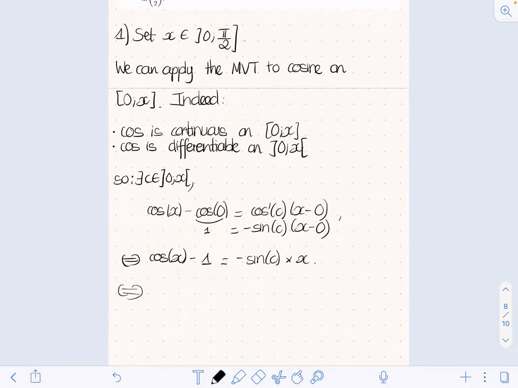One thing we can do to make things even closer is multiply by minus 1 on each side. So you get 1 minus cosine of x, and that gets rid of the minus sign on the right-hand side. So we've got sine of C times x.